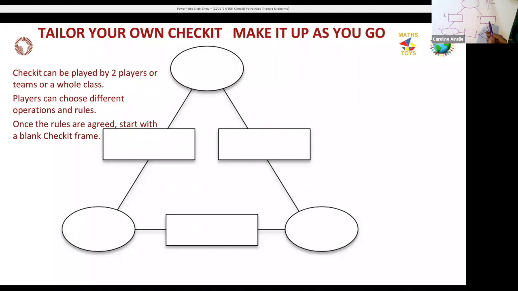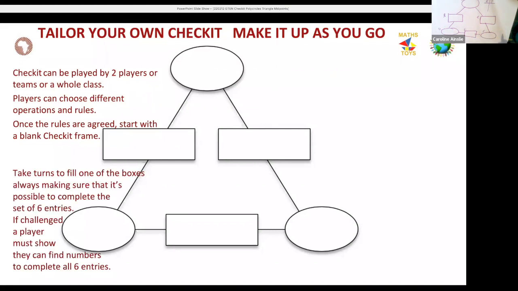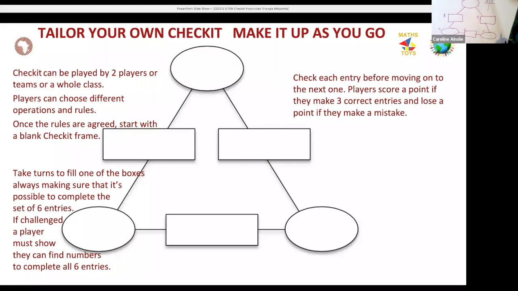But if we make any mistakes, then we lose a point. Mary, what would you like to do? We'll do it with whole numbers. So shall we set a limit on the numbers? We could start off with single digit numbers. Do we want to? That's a bit easy. Let's make it 2-digit numbers. Okay, no problem.